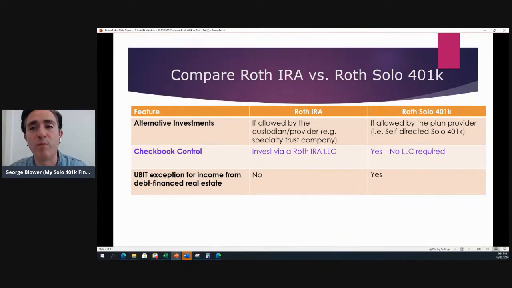But the answer is yes, you can do that, because there's no triggering event that you have to meet in order to transfer out voluntary after-tax contributions. So you can transfer those out to the Roth IRA. It is going to be reportable. So again, a 1099-R is going to be required, just like if you were transferring into the Roth Solo 401k. And we would handle that 1099-R reporting as part of our services for no additional charge.